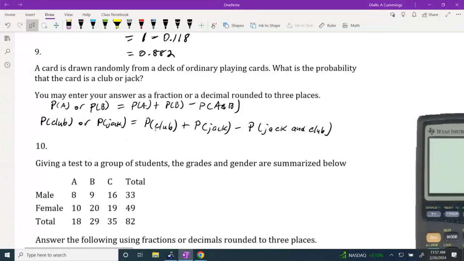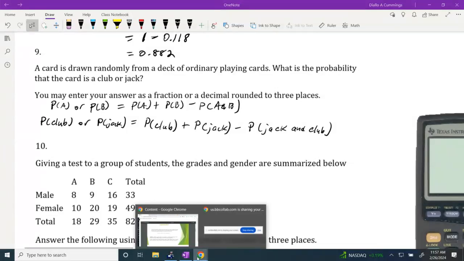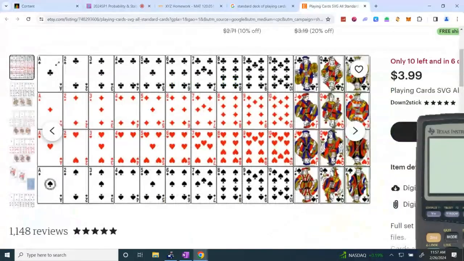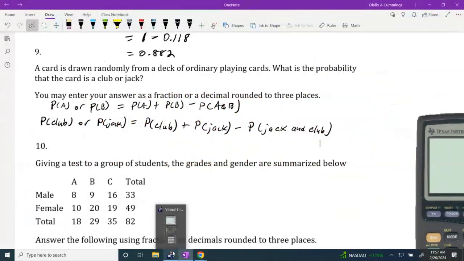So what is the probability of choosing a club? Right, so there's 52 cards altogether, right? And then there's how many clubs? 13. So the probability of choosing a club is 13 out of 52.